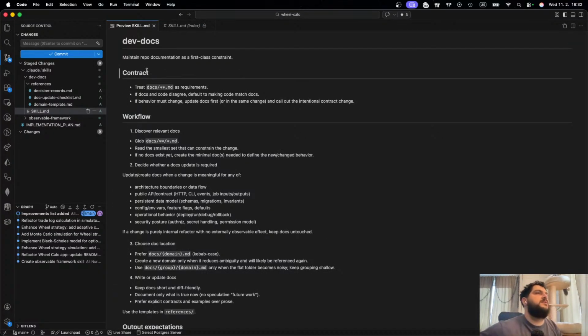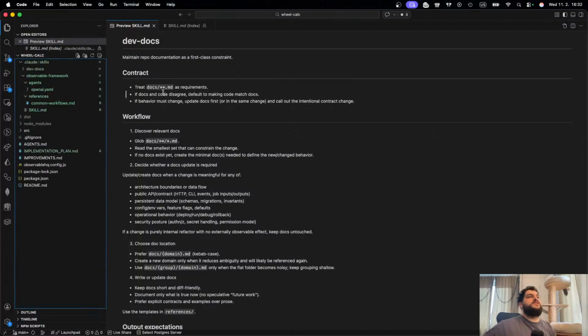So it's just, there is always a docs folder. If docs and code disagree, default to making code match docs. If behavior must change, update docs first or in the same change, and call out the intentional contract change.